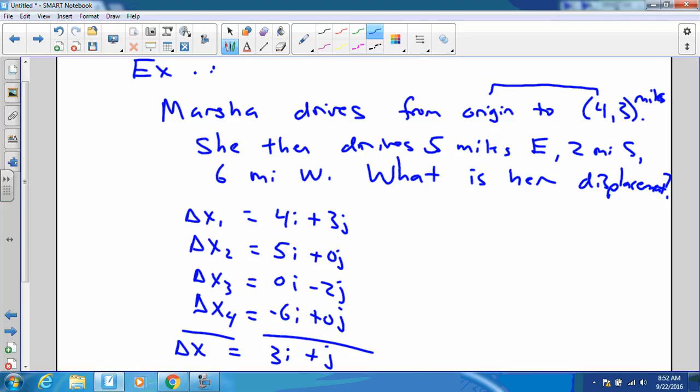So this addition of vectors in rectangular form is a really powerful tool because it can be done in your head. Now, if my vectors are represented in polar form, things are a little uglier.